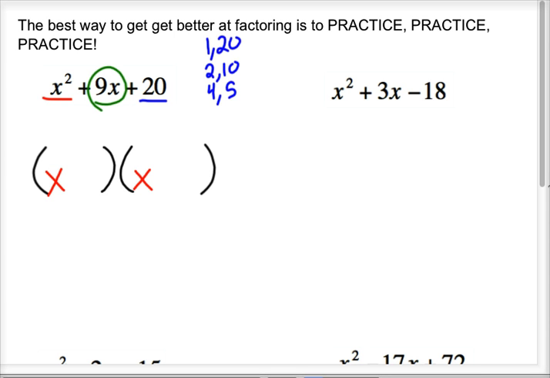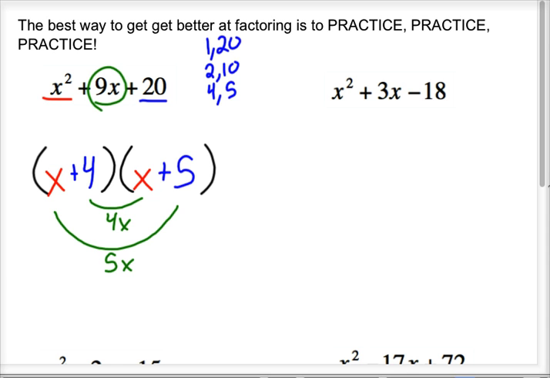So what are we looking for here? Well, if I choose 4 and 5, my connections will give me 4x, give me 5x, and that does indeed add up to the 9x that I needed. So that is the option that I want to choose. So it factors to x plus 4 and x plus 5.